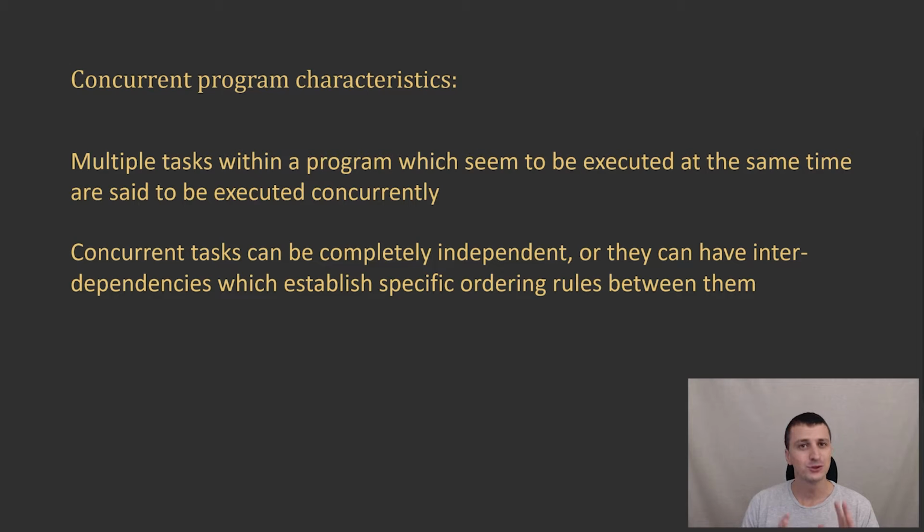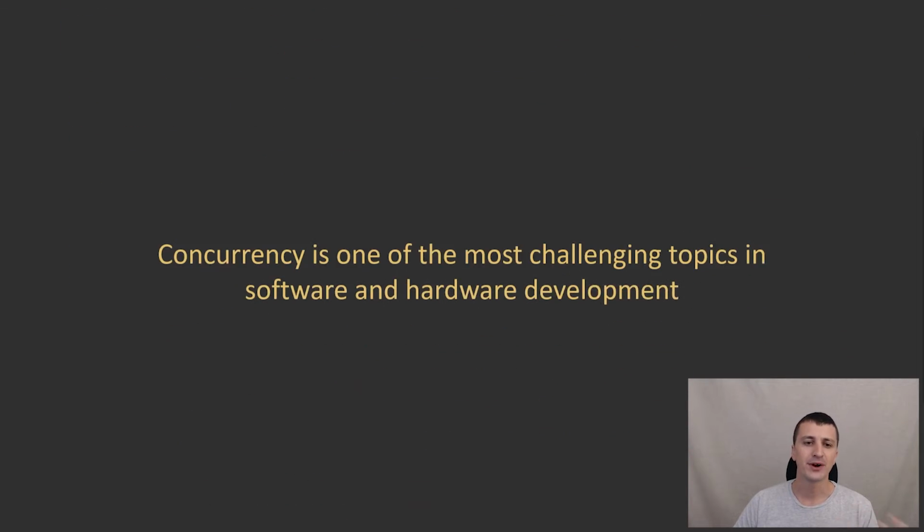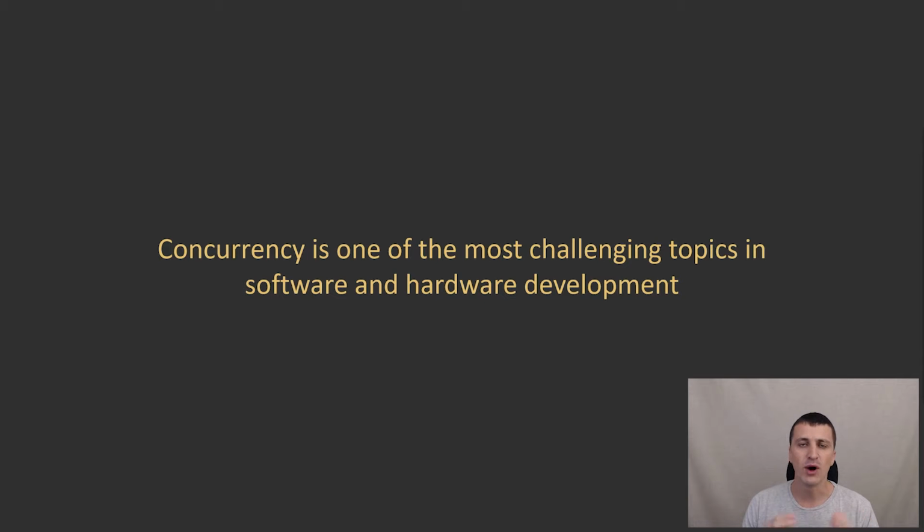That said, I want to warn you. Even though currently we are discussing concurrency at a very intuitive level, in practice, concurrency is one of the most challenging topics in software and hardware development.